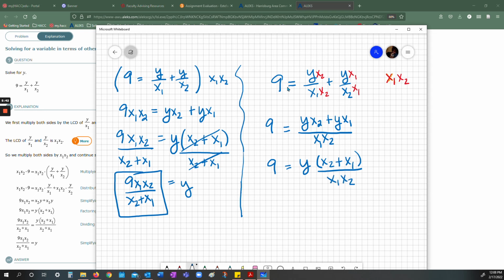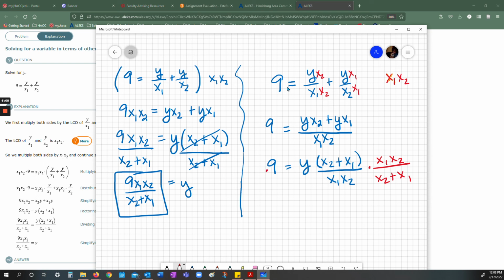Now, and I think this is by far the easier way to do it, if I want to get y by itself, I could multiply both sides by the reciprocal. Dividing by a fraction is the same as multiplying by the reciprocal, and the reciprocal of this thing would be x1, x2 over that x2 plus x1, so that everything cancels.